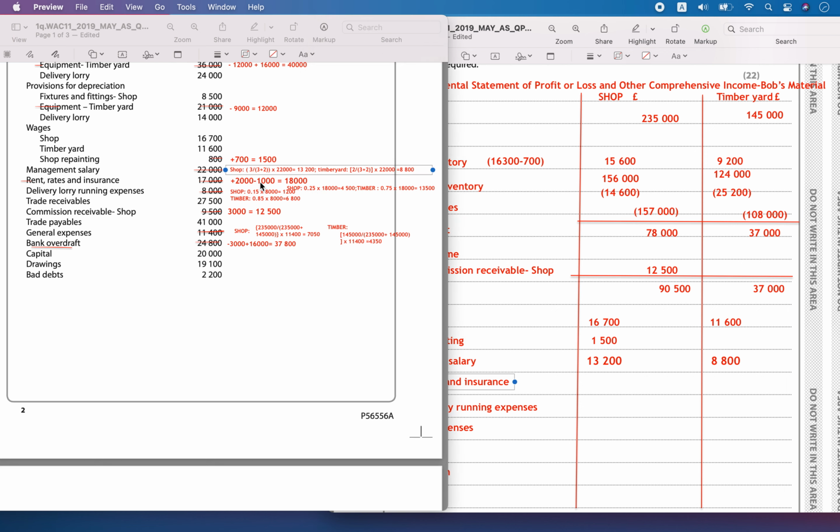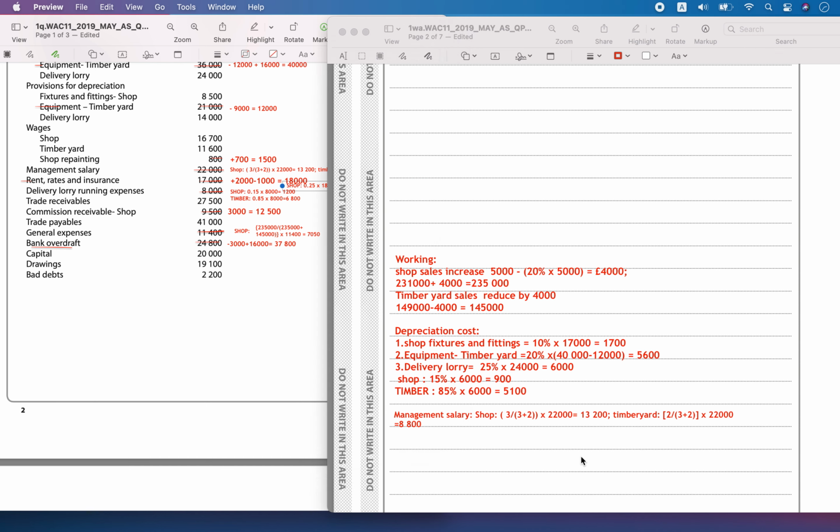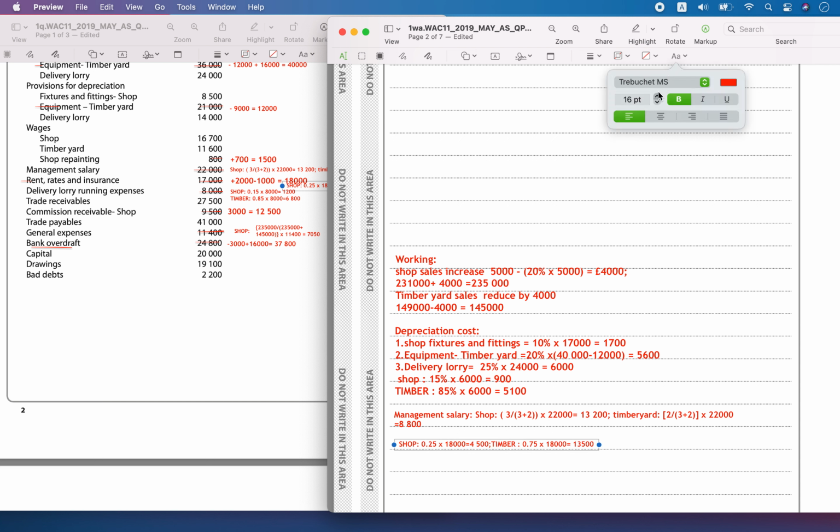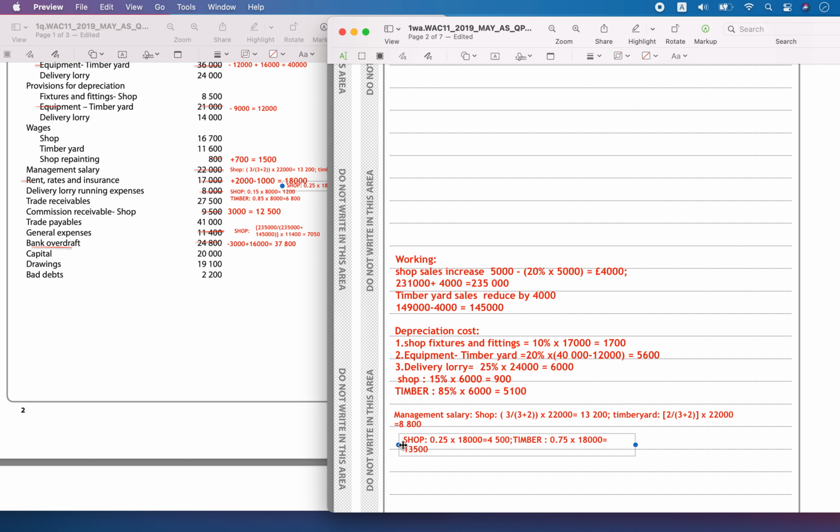Then you have the rent, rates and insurance. These also have to be apportioned, and we had already calculated the apportionment method. This is the apportionment you have to do for rent, rates and insurance.